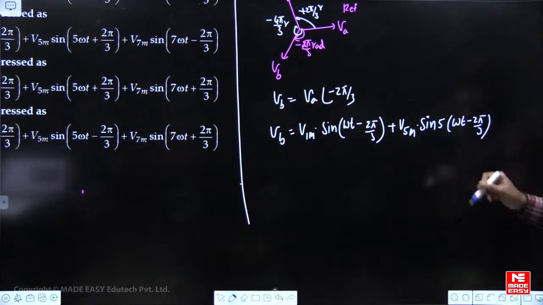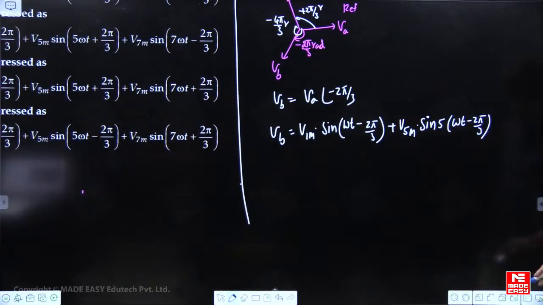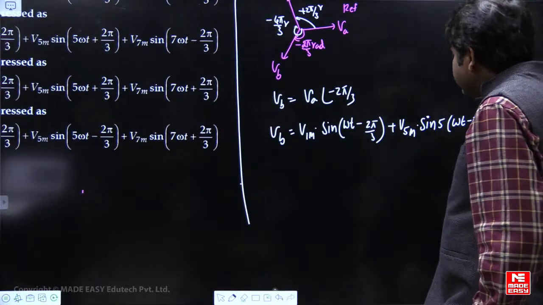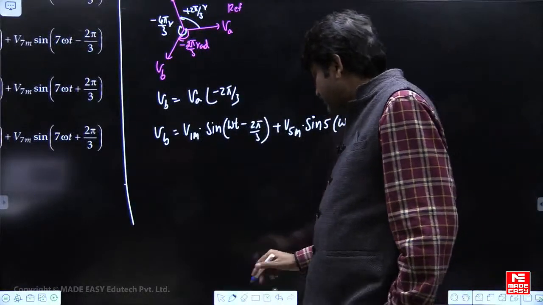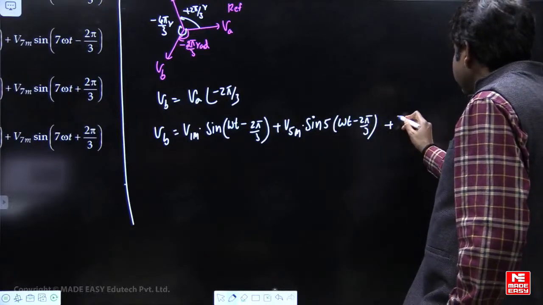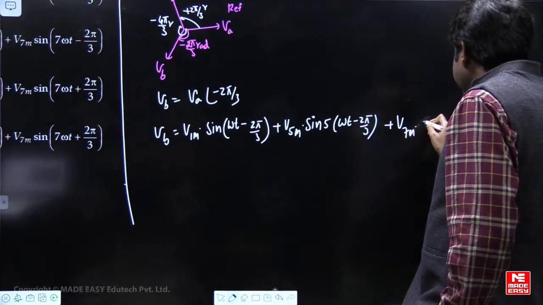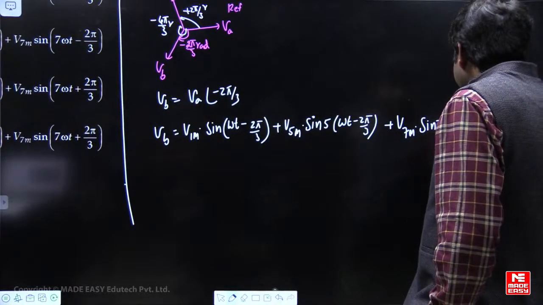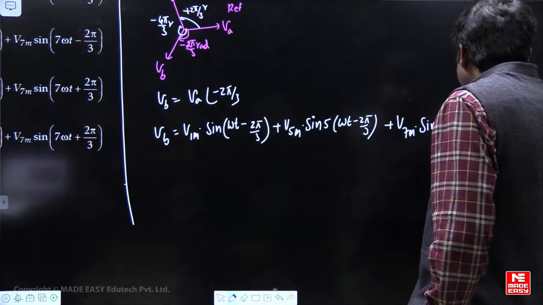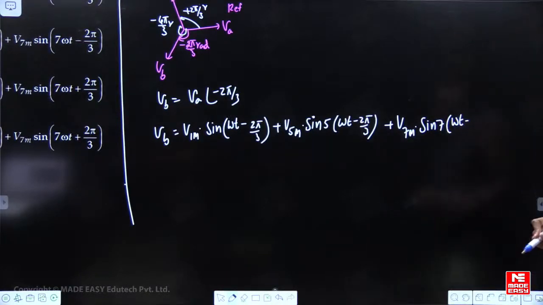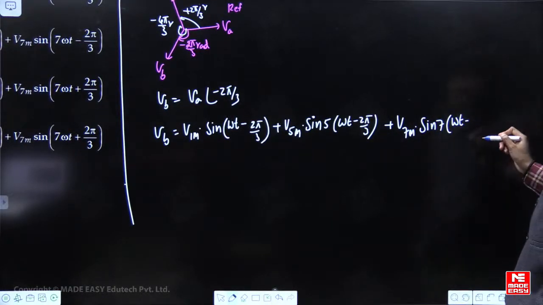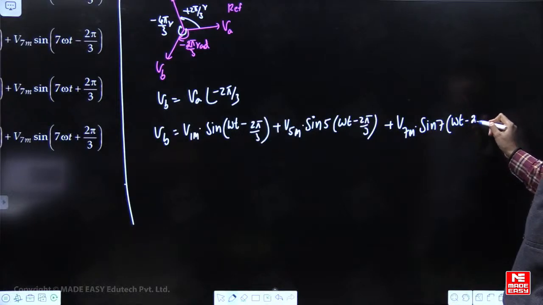Then the seventh harmonic angle is 7 times. What is the seventh harmonic? V7m sine of 7 into omega t minus 2 pi by 3.